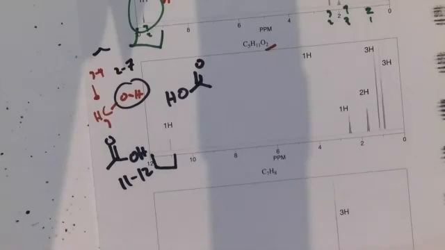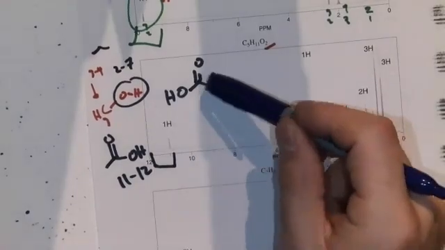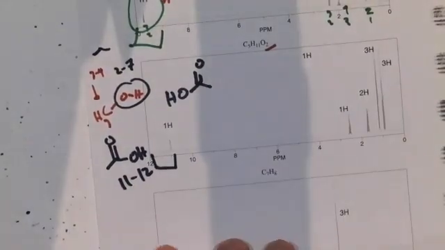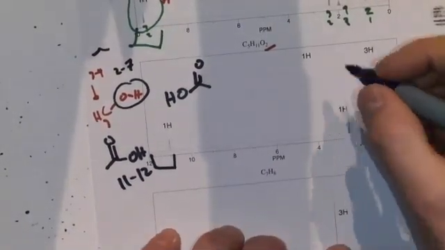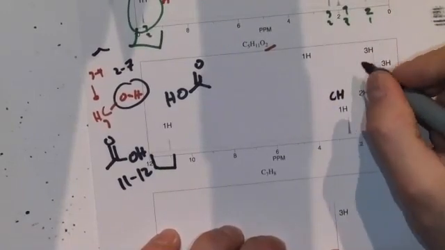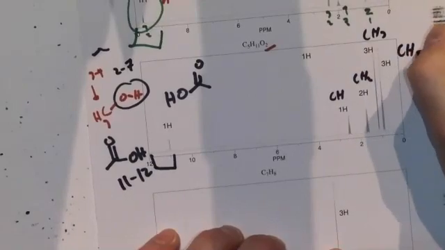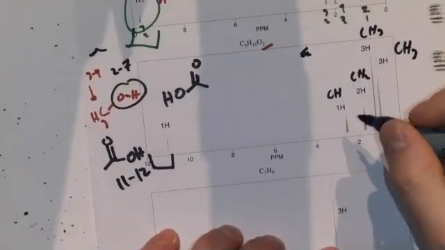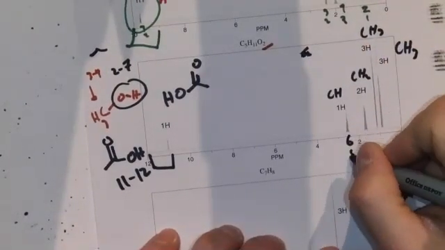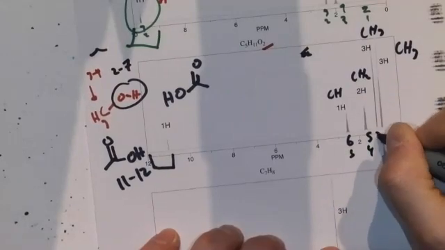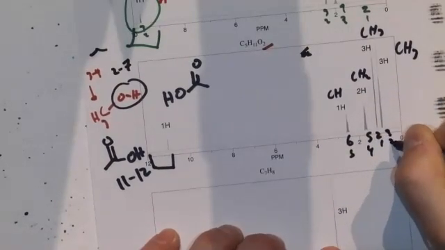from here, we do everything else like normal. So 1 next to our carbonyl should be in the 2 to 3 range. We can count some peaks here. So this would be a CH, CH2, CH3, CH3. I don't know what this is doing over there. 6 peaks, 5 peaks, 2 peaks, 3 peaks.